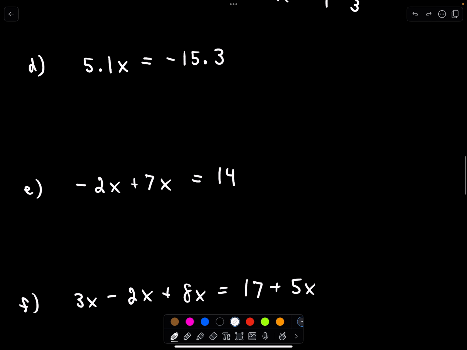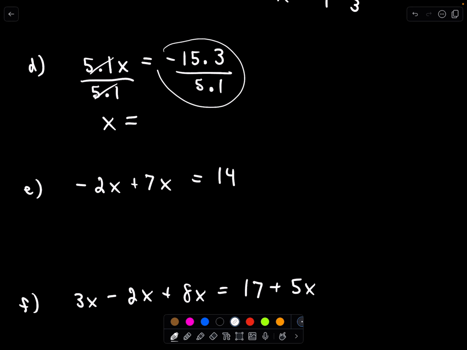So d, that's 5.1x equals negative 15.3. Well, okay, I see something being multiplied by x. I don't care what number it is. It can be whatever it wants to be. I'm just going to divide both sides by it. On the left, that doesn't take me any thought because it's the same number. That just leaves me with 1x.